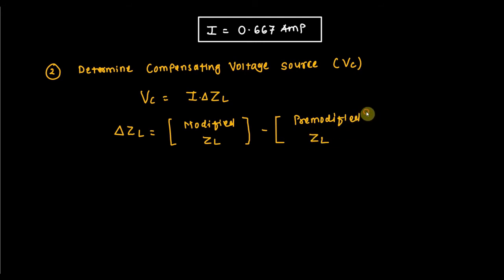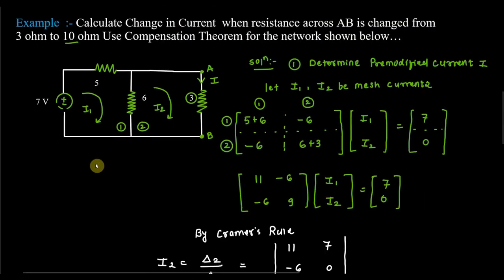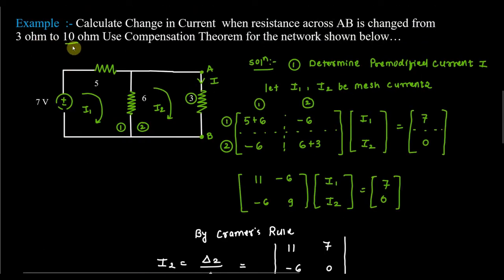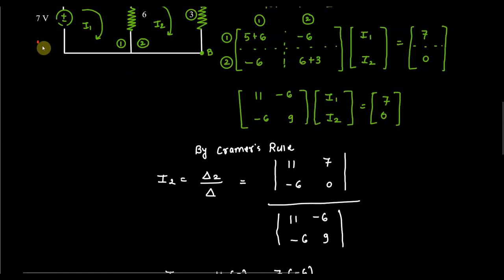So what is the value of delta ZL? This is the formula. You have to remember: modified ZL minus pre-modified ZL. So what is the modified ZL? Modified means the value we have changed. So 3 is changed to 10. So 10 is your modified ZL and 3 is your pre-modified ZL.